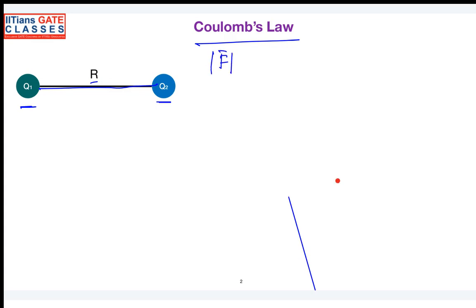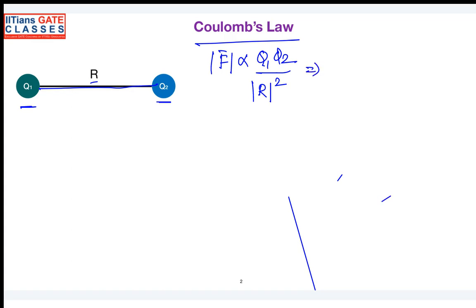Is the force a scalar or a vector? Vector. Correct, the force is a vector, Coulomb's law force. Whatever I have written is the magnitude part; we'll see the direction in the next slide. So the Coulomb's law force is the proportionality constant K times Q1 Q2 by R square.